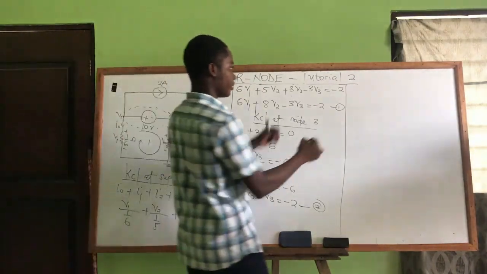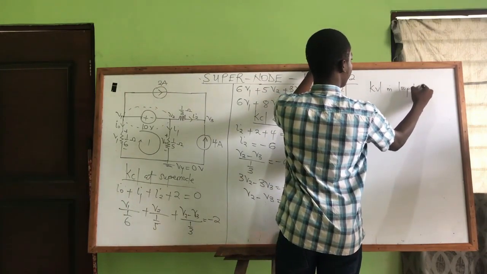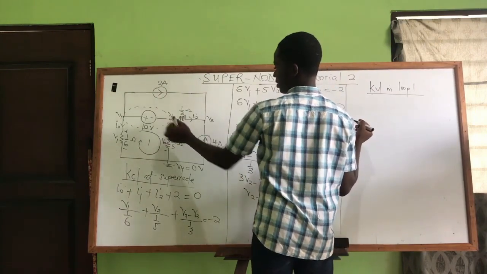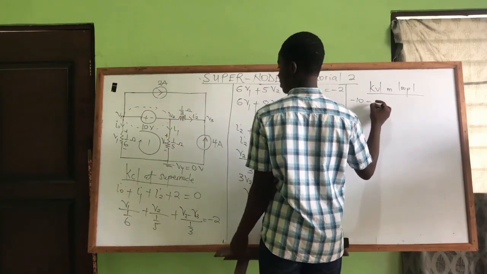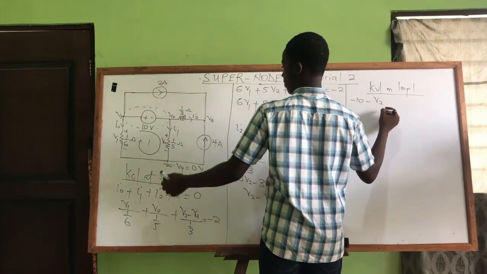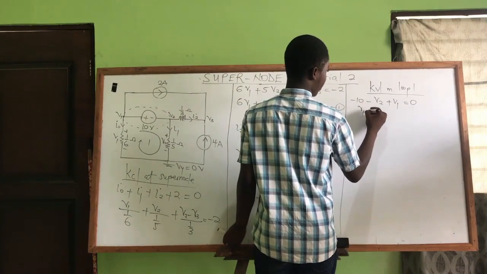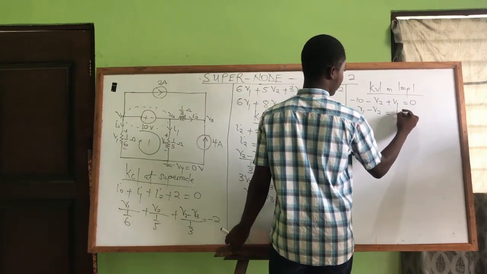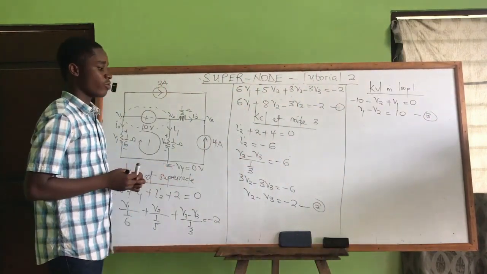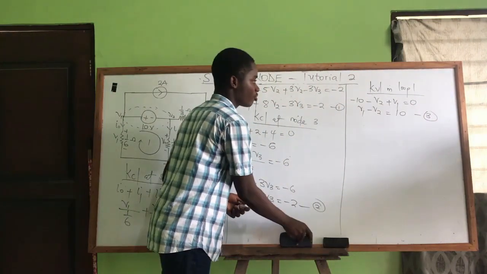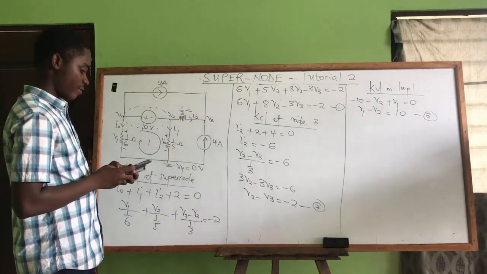So KVL in loop 1. Let's start from the 10 volts. We have negative 10, negative V2, then positive V1, giving us 0. So V1 minus V2 is equal to 10 as our third equation. From here we can use the calculator to calculate the voltages V1, V2 and V3.